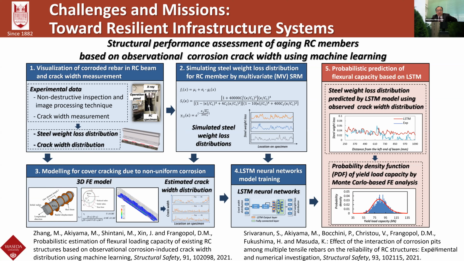So this picture illustrates the structural performance assessment of aging RC members based on observational corrosion crack width using machine learning. This framework included an experimental study to understand the spatial phenomena of steel corrosion and associated corrosion cracks, a stochastic field to generate artificial distributions of steel corrosion, development of a numerical database on the relationship between steel corrosion and corrosion crack, machine learning, and finally probabilistic prediction of structural capacity.